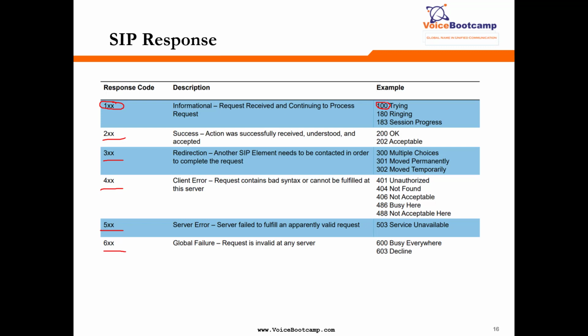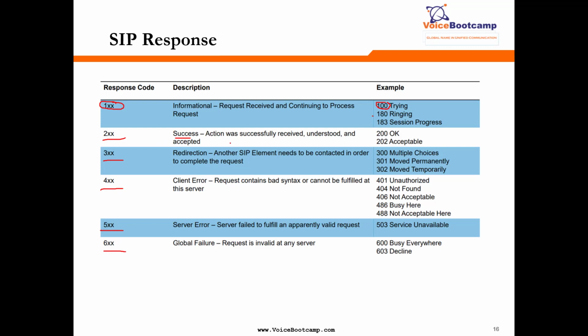You're trying the party, trying to dial the number. 180 means that the phone is ringing. 183 means the session is in progress. So that's an indication that this is informational. Then you have 2XX, which is basically a success message.